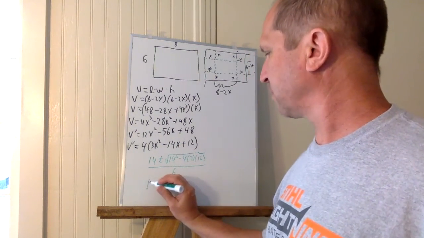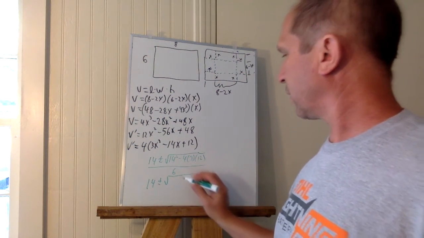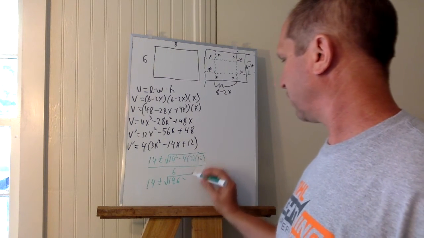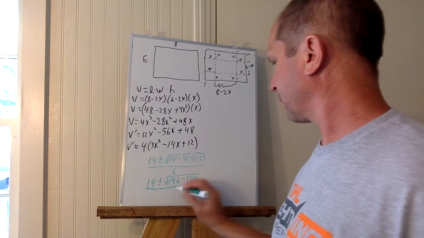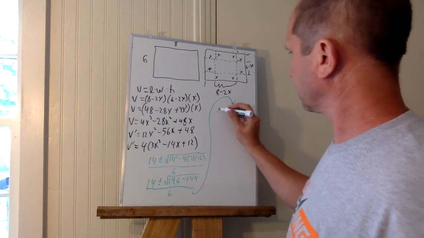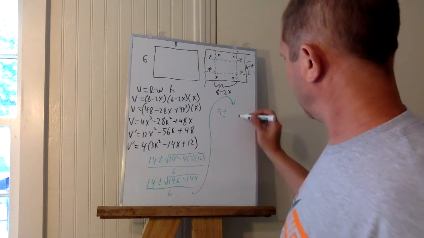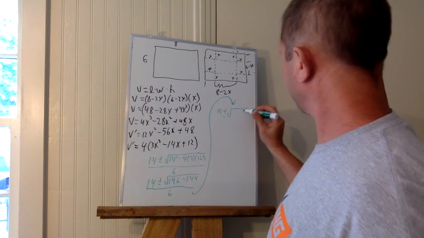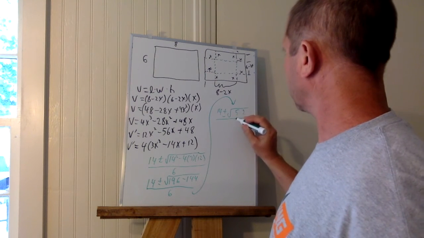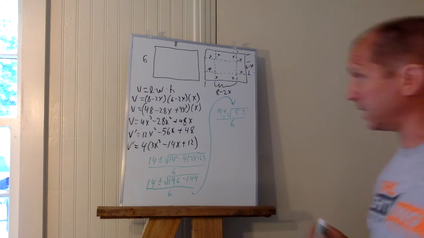Okay, so this becomes 14 plus or minus the square root of 14 squared, 196, minus 12 times 12, which is 144, so we get the square root of 52 over 6. 52 is 4 times 13.